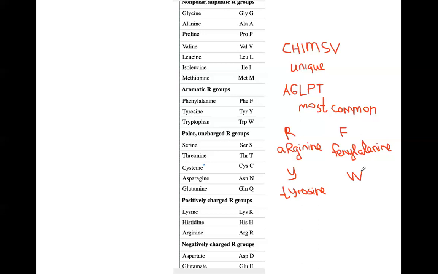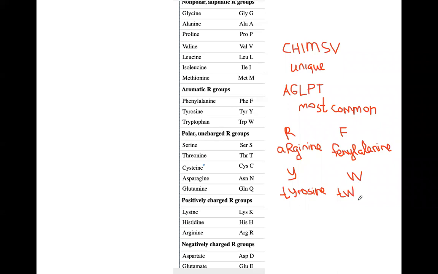Who actually put this on the test? Just to make sure you're paying attention in class. Why is tryptophan a W? Because some people, like my little son who is 5 years old, cannot pronounce the letter R very well.